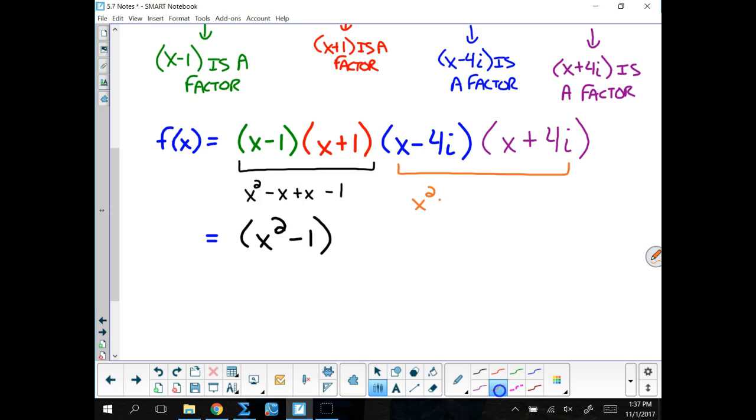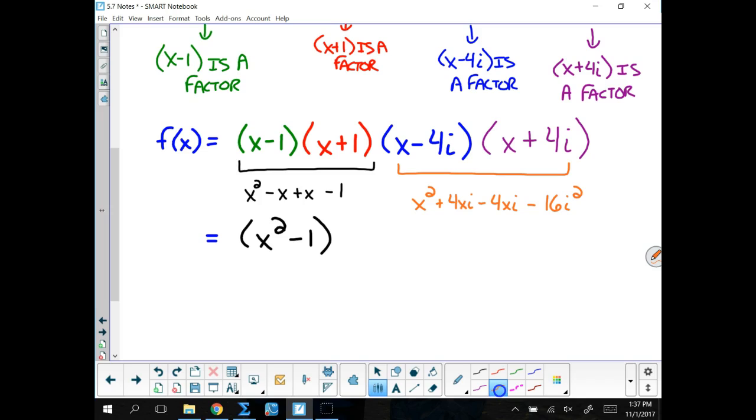X squared plus 4xi minus 4xi minus 16i squared. Agree with that. 4xi minus 4xi, 0, negative 16i squared.